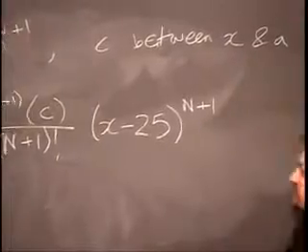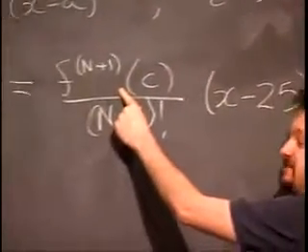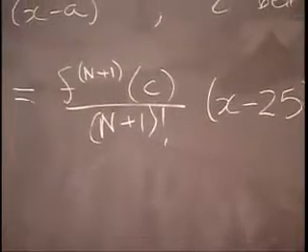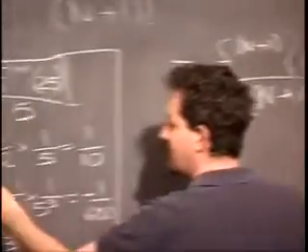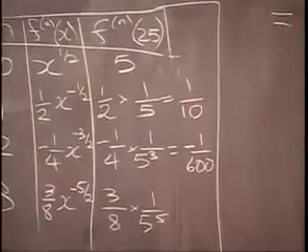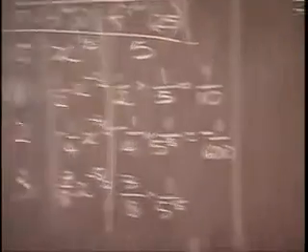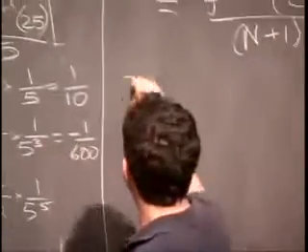Okay, so notice before I wrote e to the c for the previous problem because I had an easy formula for any derivative of f. Here, all the derivatives have slightly different forms, so I can't even really fill this in. But what I can do is substitute in x equals 23, which is what we want.